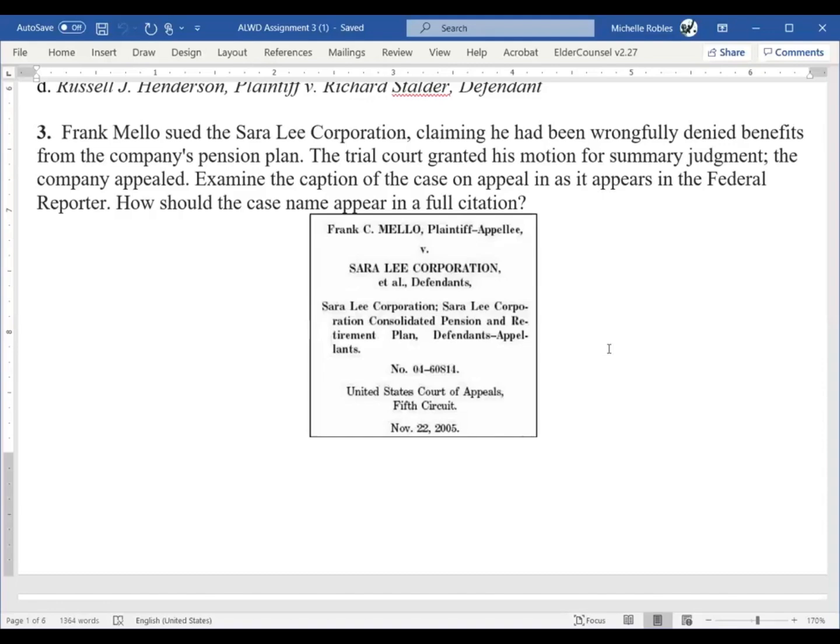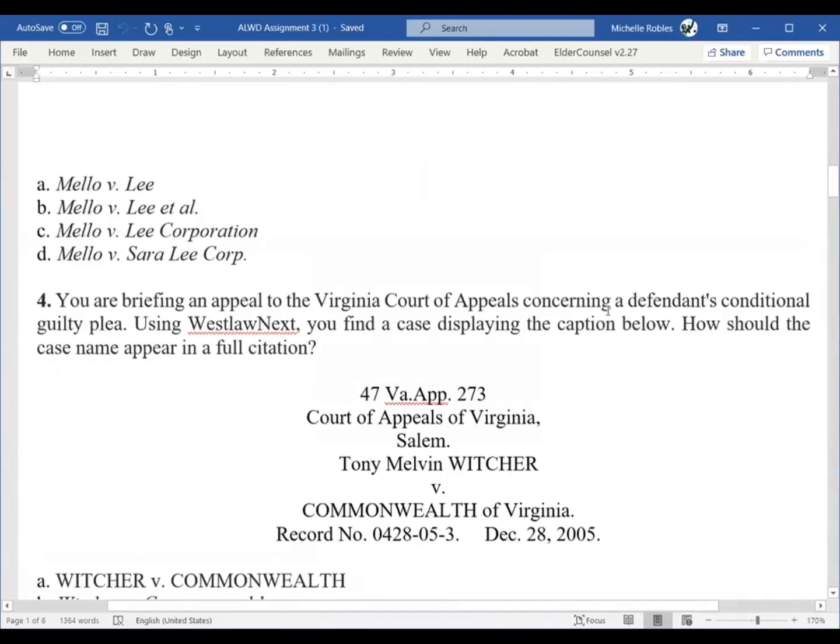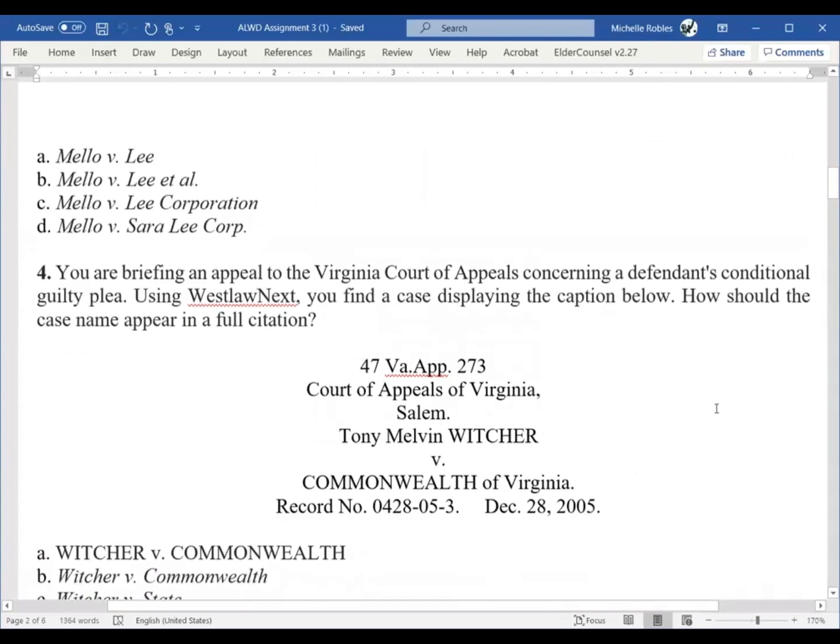Remember that our goal is to abbreviate as much as we can. Since we have to drop all the other information, and Sara Lee could be confused as a person's name, you will have to leave corporation listed, and then you would abbreviate corporation. So seeing our options, D would be correct.